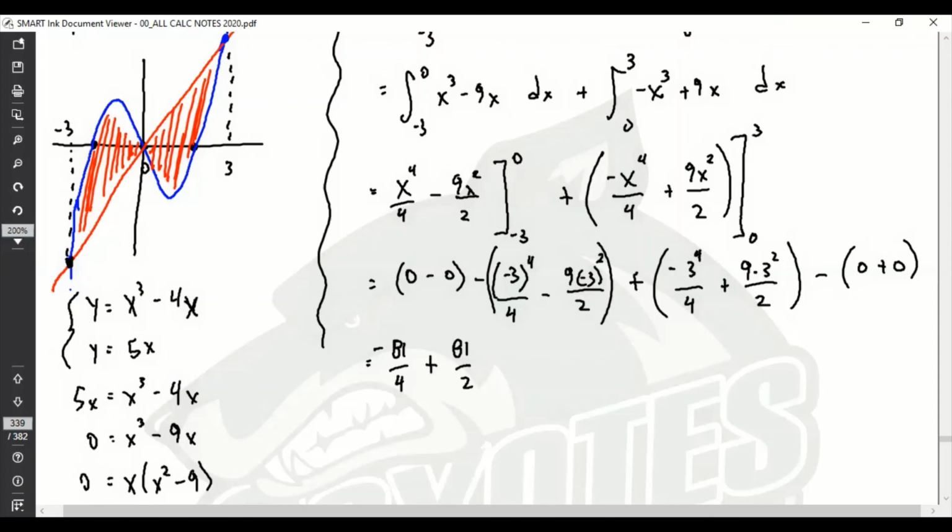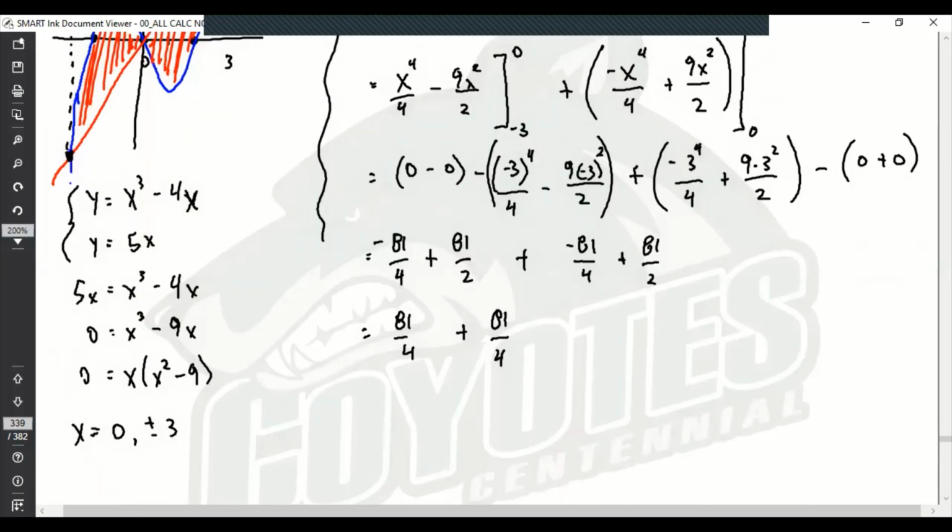So -81 over 4 plus 81 over 2 plus -81 over 4 plus 81 over 2 ends up giving us 81/4 for the first area, 81/4 for the second area, and this ends up being 81 over 2.